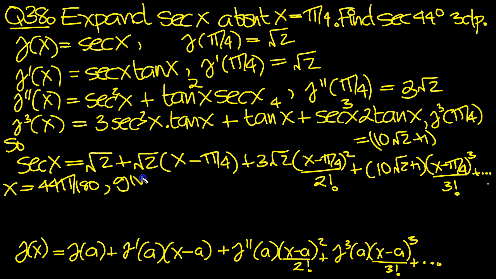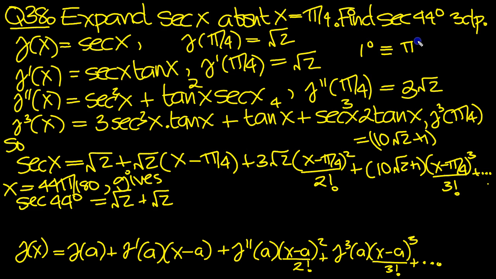So putting in that value gives then, we'll get sec, and I'm going to write it as 44 degrees because it's easier on the eye. On this side, it'll be root 2 plus root 2. Now 44 degrees minus 45 is just minus 1 degree. And 1 degree is equivalent to pi over 180. But as we said, this was minus 1 degree, so they're all in the brackets, they're all minus pi over 180.